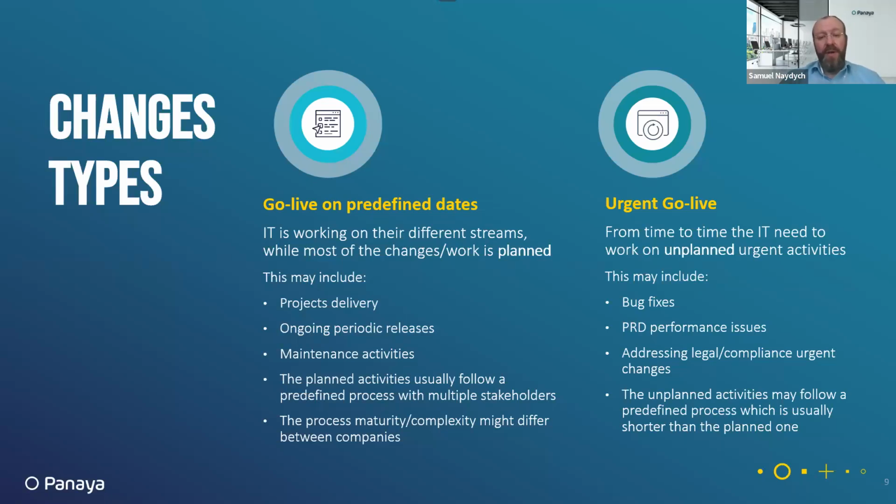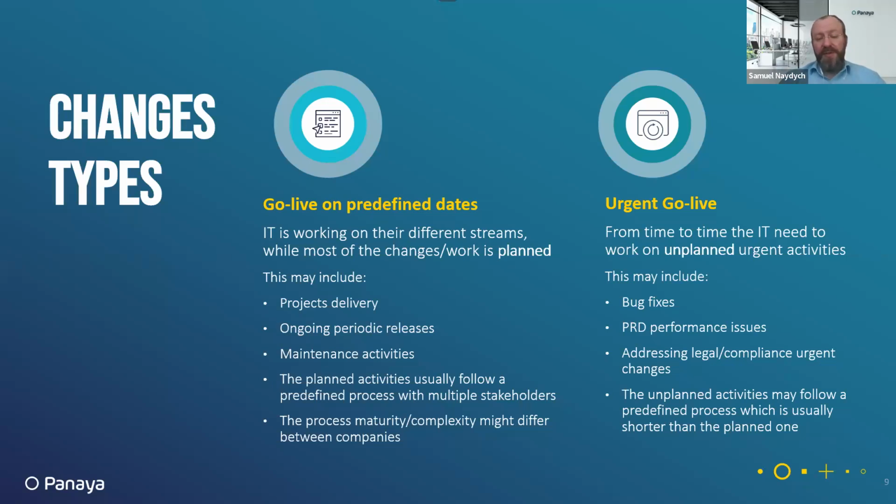to finalize them. Another way to introduce changes, and everyone has to have this type of changes, are the urgent ones. These changes are usually bug fixes, some issues with the performance in production. Today, many legal changes need to be addressed very urgently.